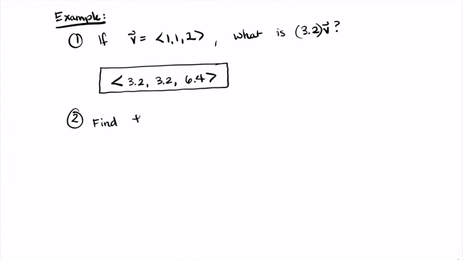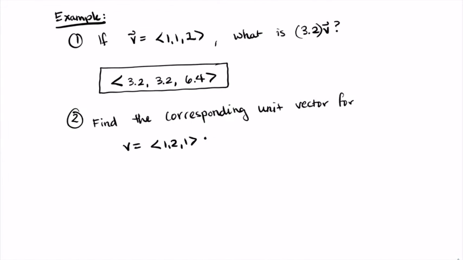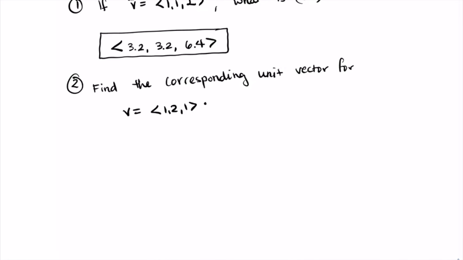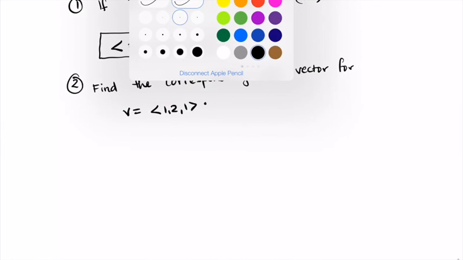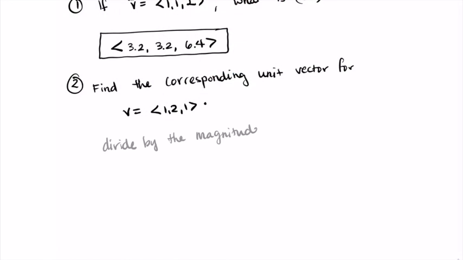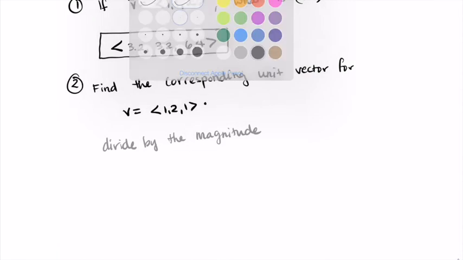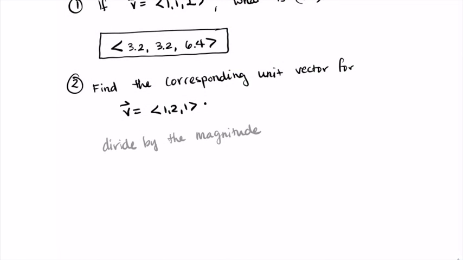Find the corresponding unit vector. The unit vector, remember, has to have length 1, which means we're going to divide by the magnitude. My apologies, I just realized I left off the arrow. So in order to divide by the magnitude, we first need to find it.